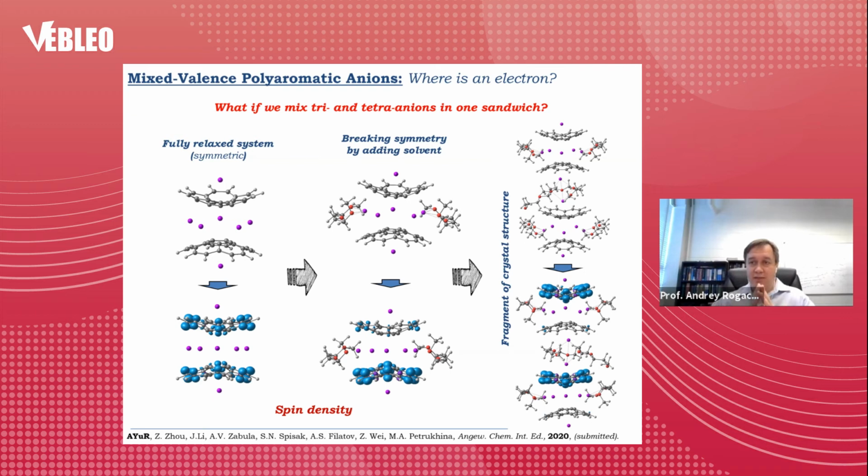So by just organizing or designing a specific environment, you can make it strongly localized or completely delocalized. That's very unusual, and that provides us, especially experimentally, with a tool for how to construct building blocks, for instance, for spintronics, with specifically determined spin behavior.